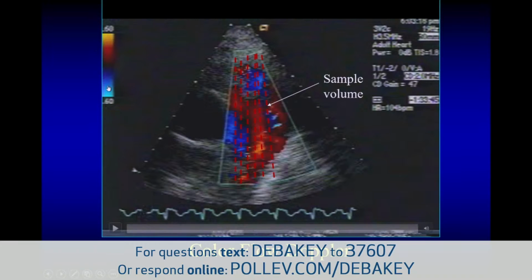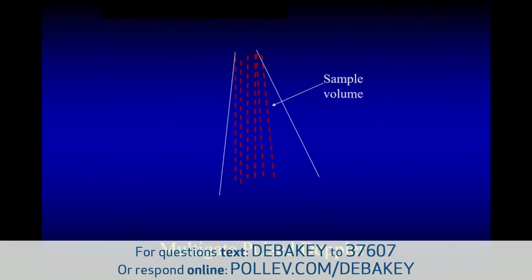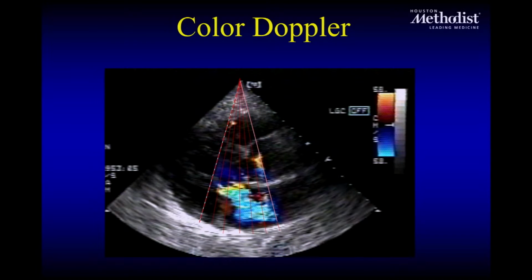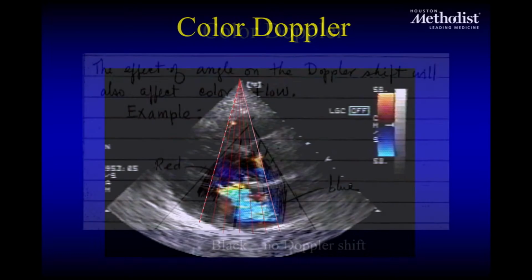And if we have aliasing, you're going to have a mosaic of these colors. The recommendation usually is to use about a 60 cm per second Nyquist limit. So you're going to see a higher incidence of aliasing with color Doppler technology used for identifying abnormal flows, and this is mitral regurgitation. We'll go through a session for that, and where the flows are, and maybe detection where some of the abnormality of flow is.